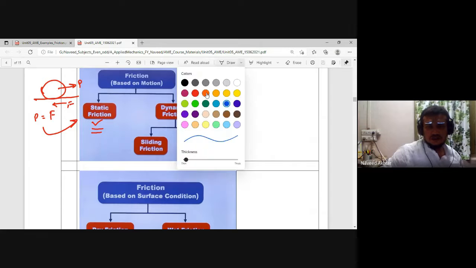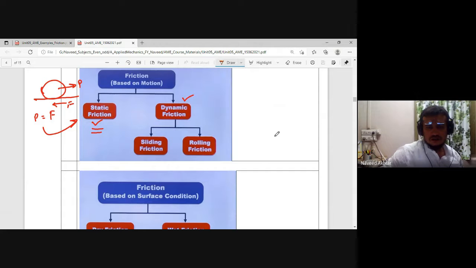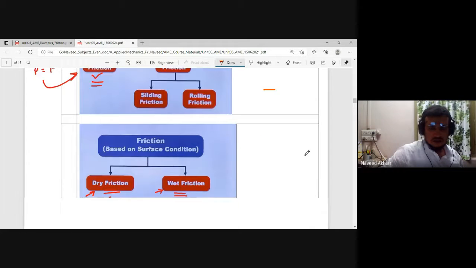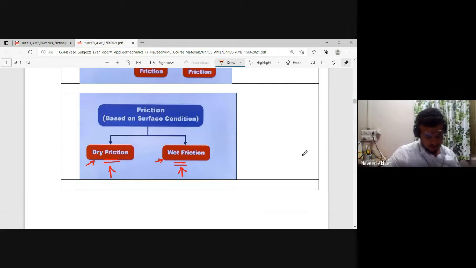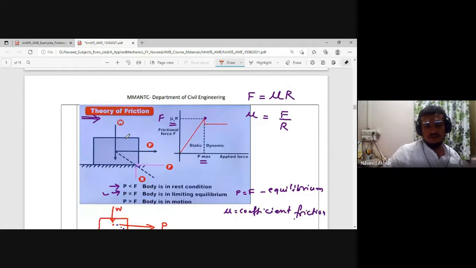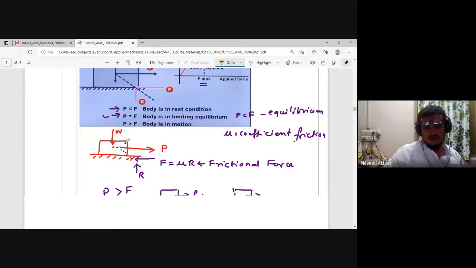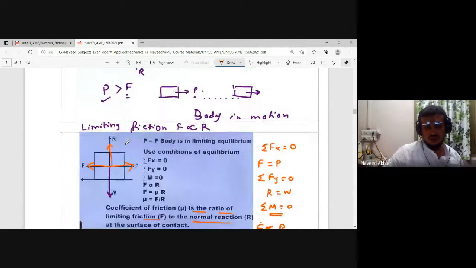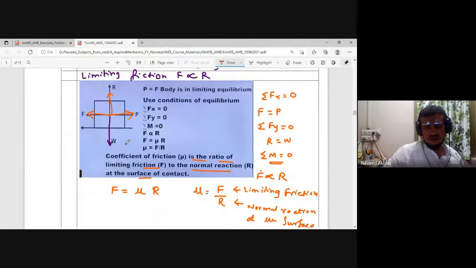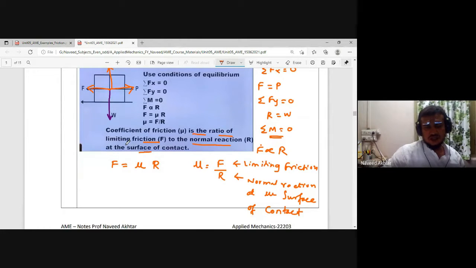Okay, and also we have seen the friction based on the surfaces, that is dry friction and wet friction. These are also types of friction. Then we have seen the theory of friction, and also the coefficient of friction, being responsible as per the surface condition, and mu is nothing but a constant, that is the coefficient of friction.